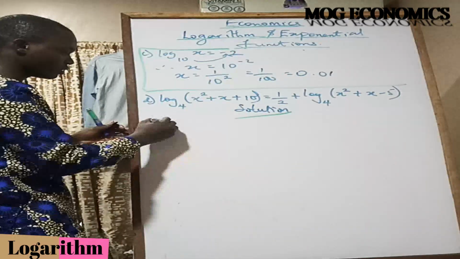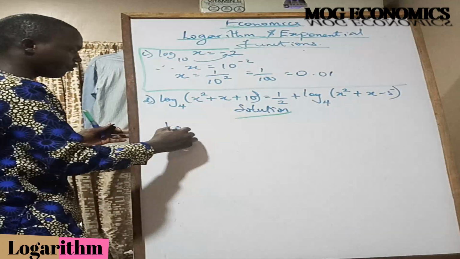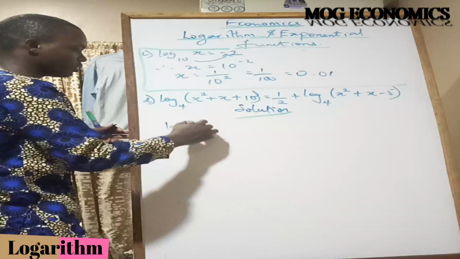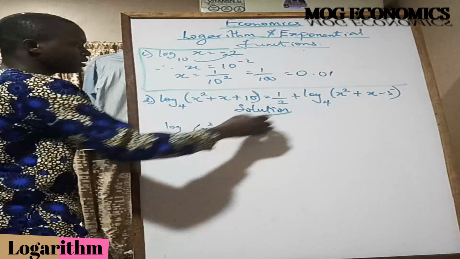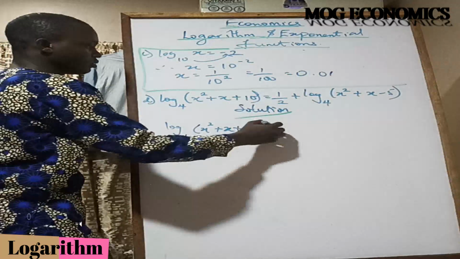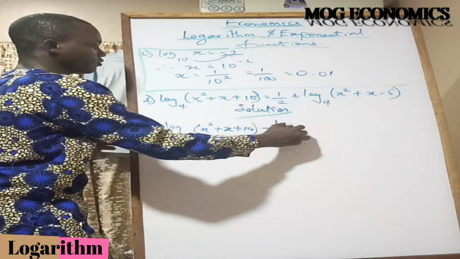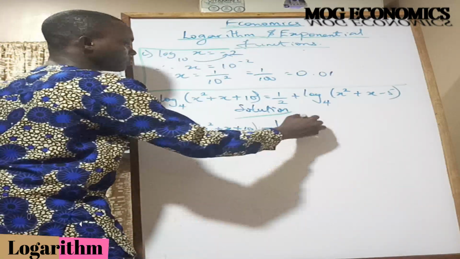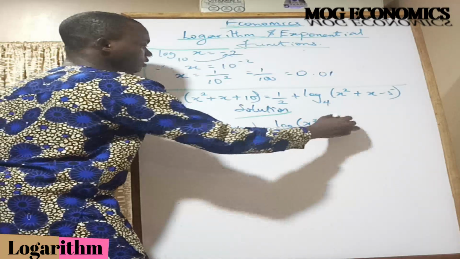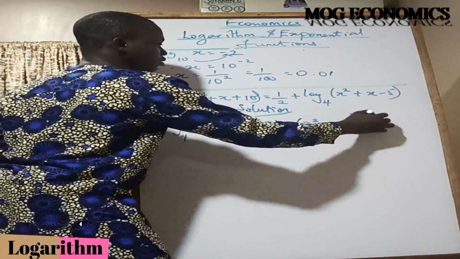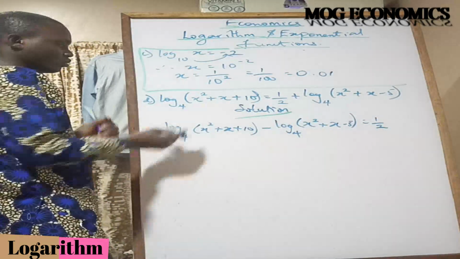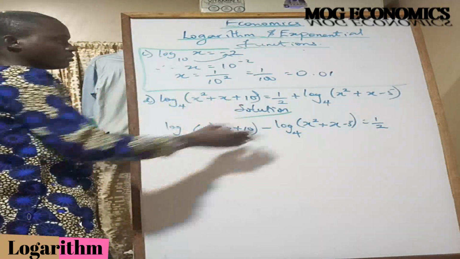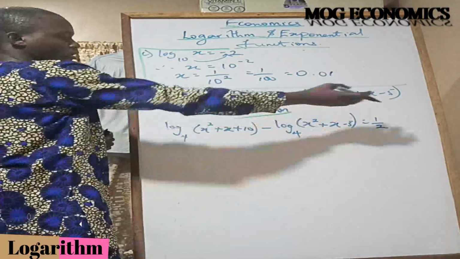So I could just do something like this: log base 4 of x squared plus x plus 10, then I bring this one in, minus log base 4 of x squared plus x minus 5, everything equals a half. I've not done any big deal here. I just brought this guy inside, minus, and equals a half.